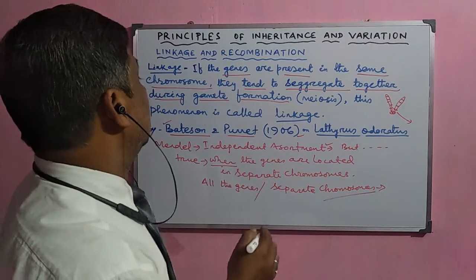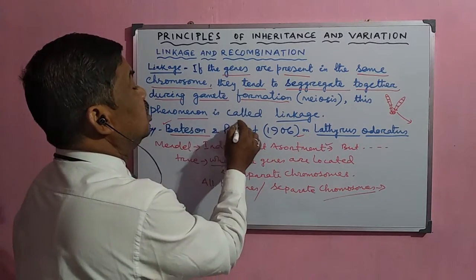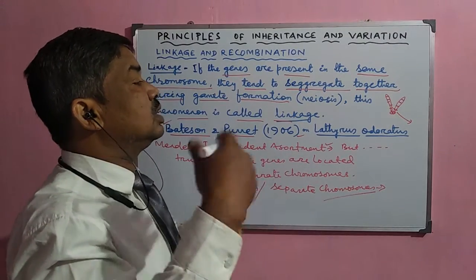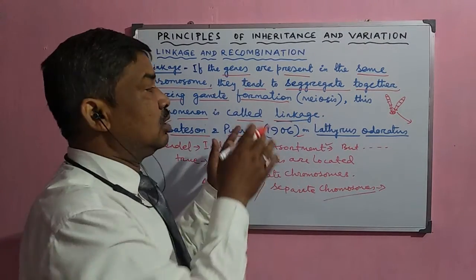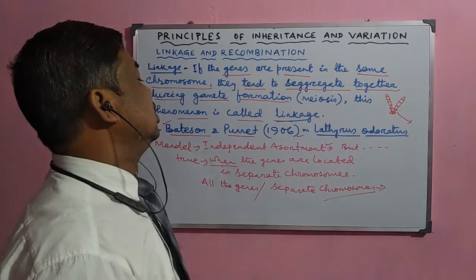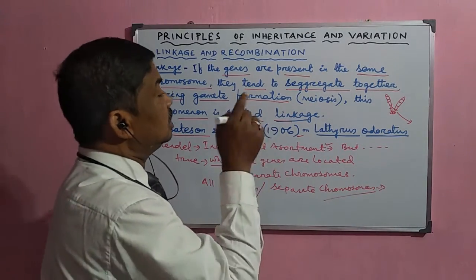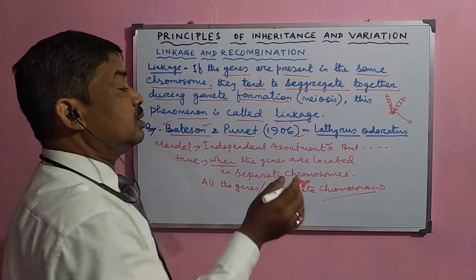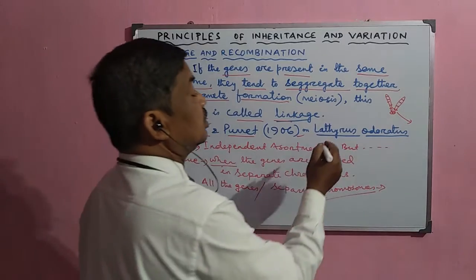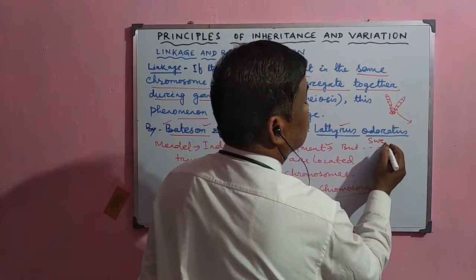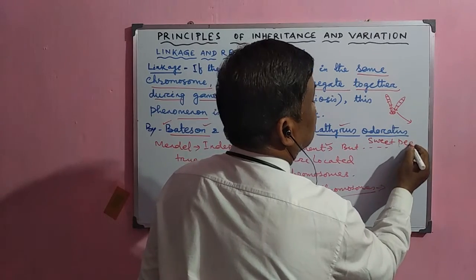This phenomenon of transmission of genes together from the parents through the gametes to the next offspring is called linkage. Linkage was observed for the first time by Bateson and Punnett in Lathyrus odoratus, which is also called the sweet pea plant.